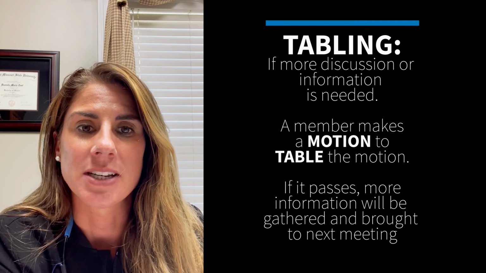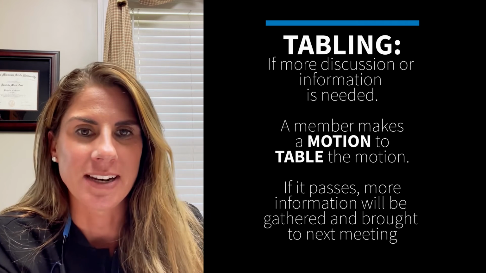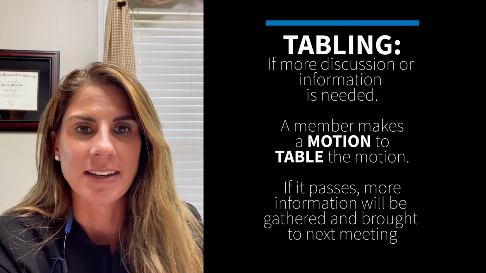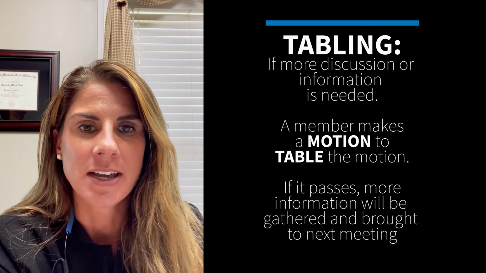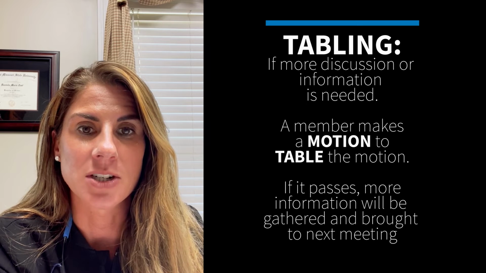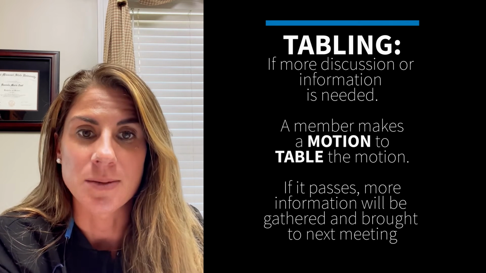Another item that can happen is that a member can choose to do what's called table an item. If it is evident that there's not enough information, or that discussion is just not getting to where the end task would be, sometimes there's more investigation that needs to be done.